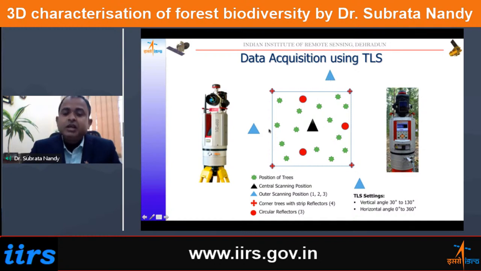And whenever I'm scanning, I should make sure that the retro reflectors or circular reflectors are visible from all the scans, because they will act as tie points when you merge the data sets. So one central scan, and from outside we can have 3 or 4 scans, depending on the area.